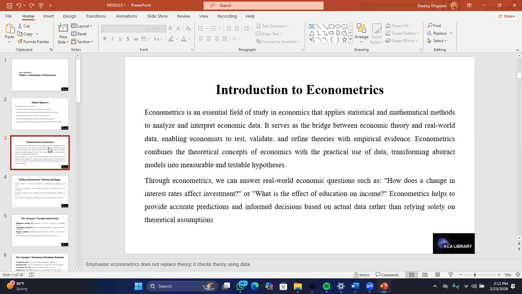Through econometrics, we can answer real-world economic questions such as how does a change in interest rates affect investment, or what is the effect of education on income? Econometrics helps to provide accurate predictions and informed decisions based on actual data rather than relying solely on theoretical assumptions.